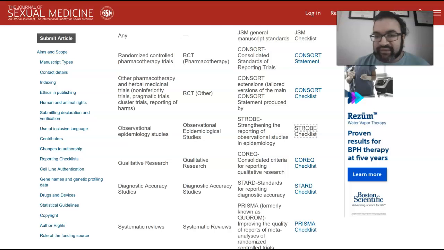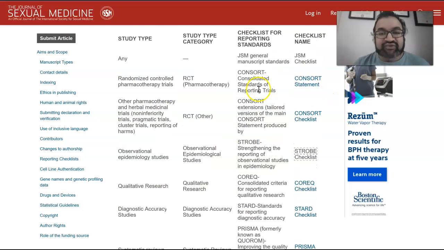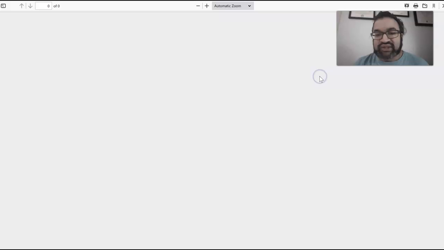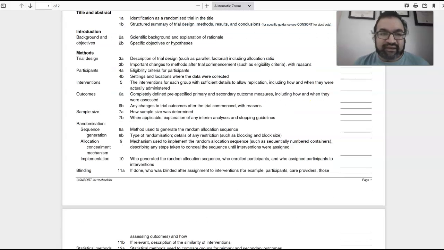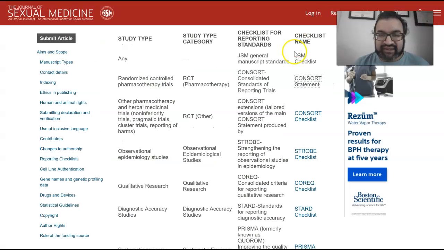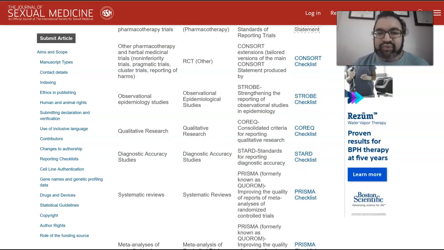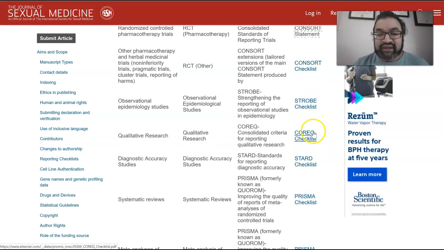When we're thinking about randomized controlled trials, then the CONSORT statement is the most important one to be thinking about, and this goes through the checklist and goes through things like participants, interventions, outcomes, sample size, looking at the power of the study. So that's CONSORT. We've already been through STROBE, that was the first one I went through.